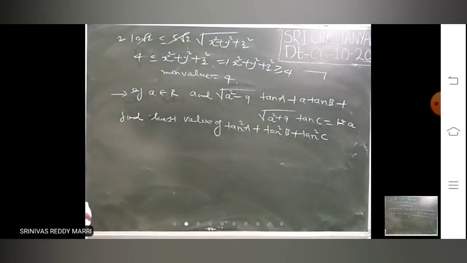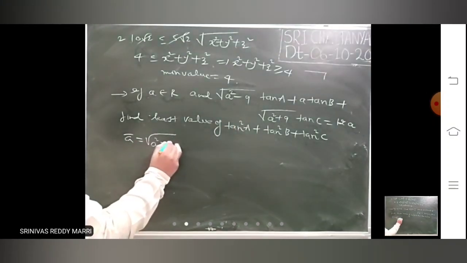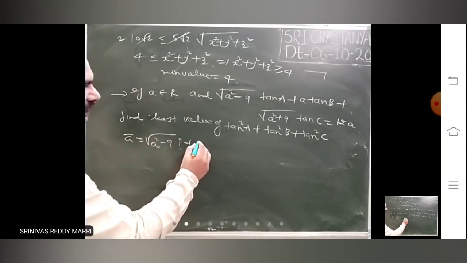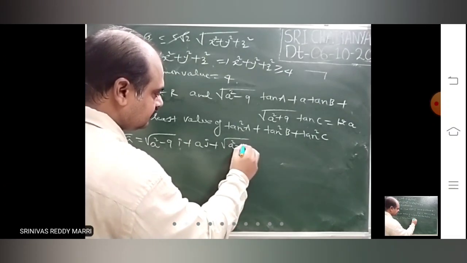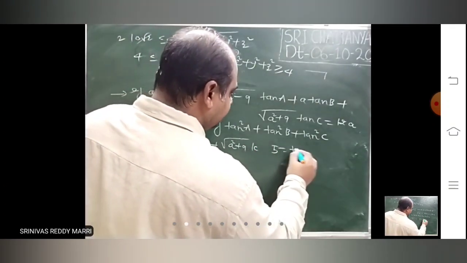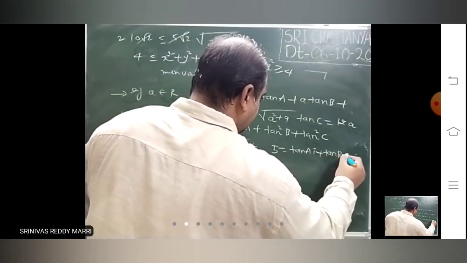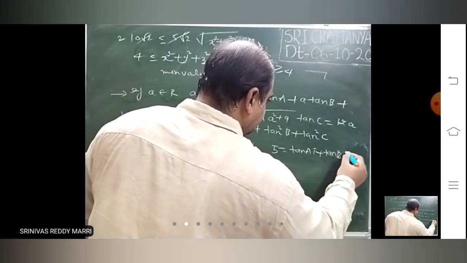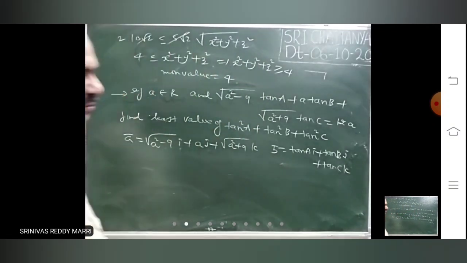Suppose he is asking the least value of this. So it is related to modulus of a dot b less than or equal to modulus a bar into modulus b bar. Now consider one vector, first terms: i plus aj plus k. Consider another vector b bar, second terms: tan A plus tan B into j plus tan C into k.